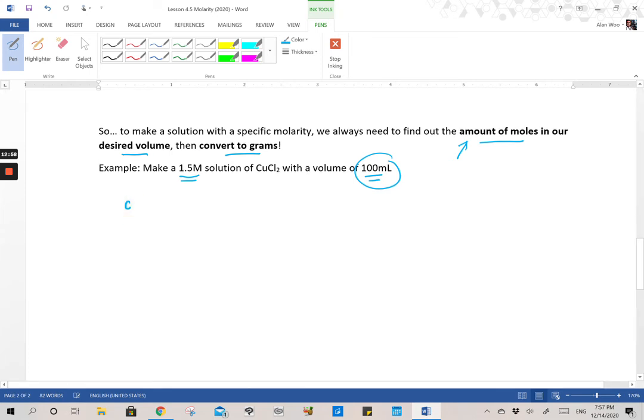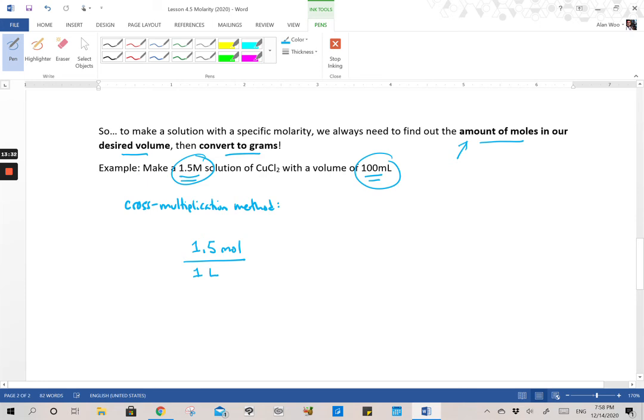Use the cross multiplication method. What you're going to do is set up what this 1.5 molarity means. 1.5 molarity means you have 1.5 moles in 1 liter of solvent.